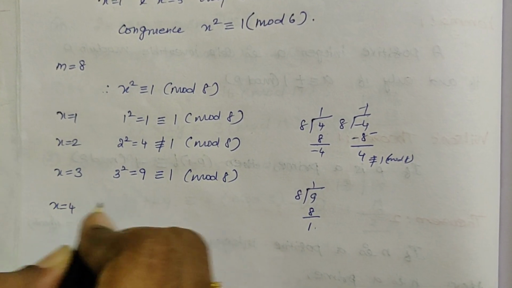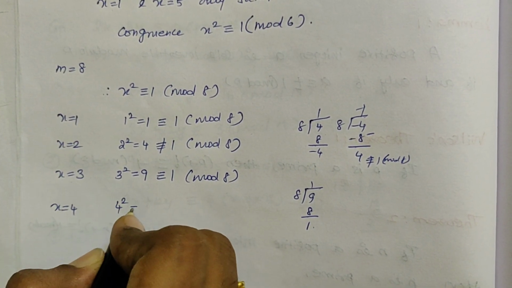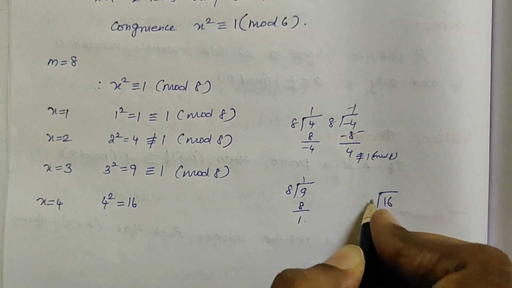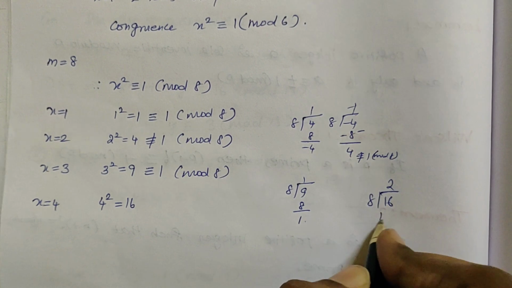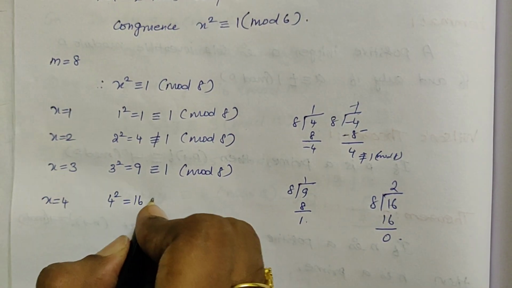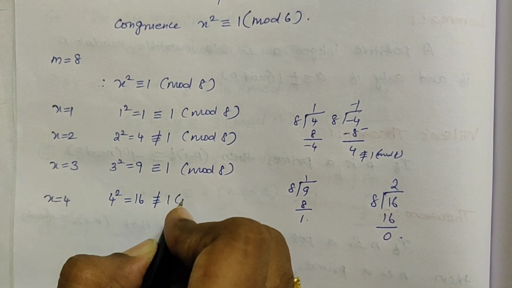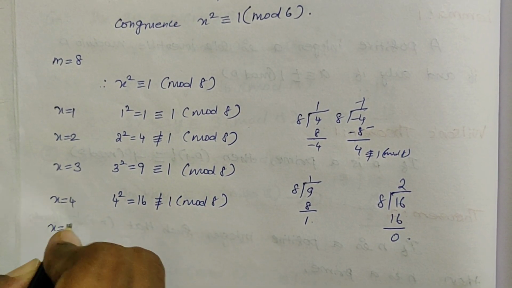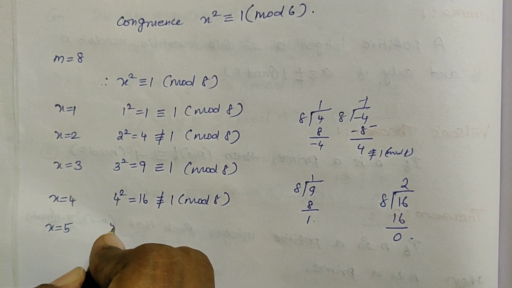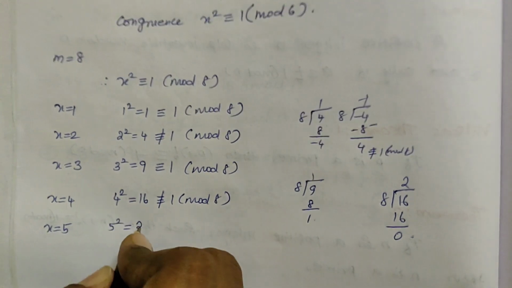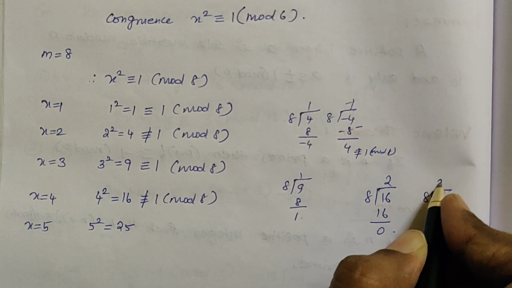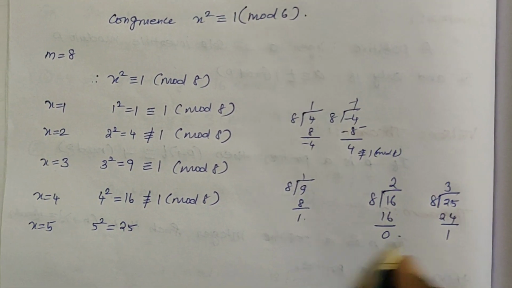Next, when x equal to 4, 4 squared is equal to 16. When you divide 16 by 8, you will get the remainder 0, which is not congruent to 1 mod 8. Next, we move on to x equal to 5. 5 squared equal to 25. When you divide 25 by 8, you will get the remainder 1.